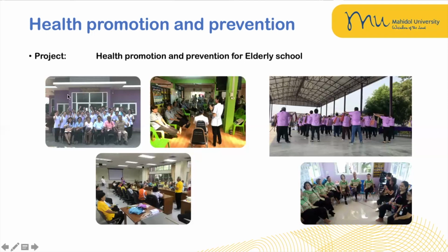This picture is of a school which is sponsored by the government. It is the sub-district government that supports this building and area for the elderly to use. This is the principal of this school, and this is the nurse from the health promoting hospital.